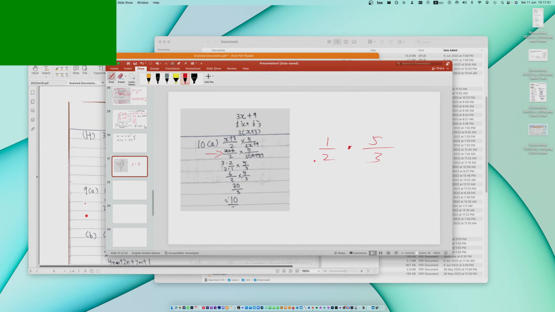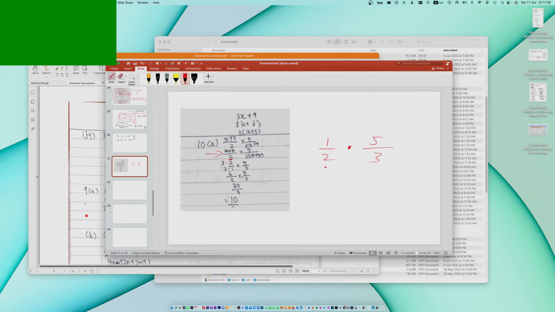Wait, this one is 2, right? Then how come it suddenly is 2 over 1? It's 1 above, 2 below.